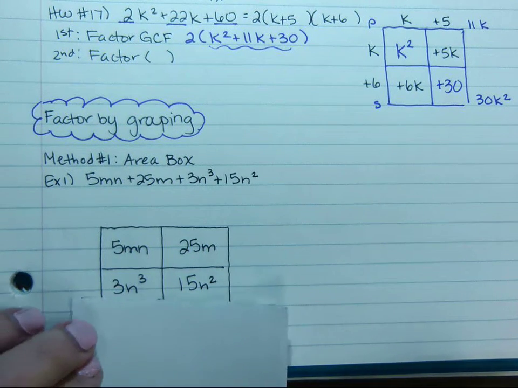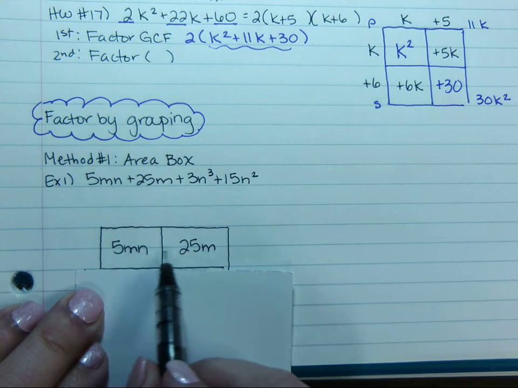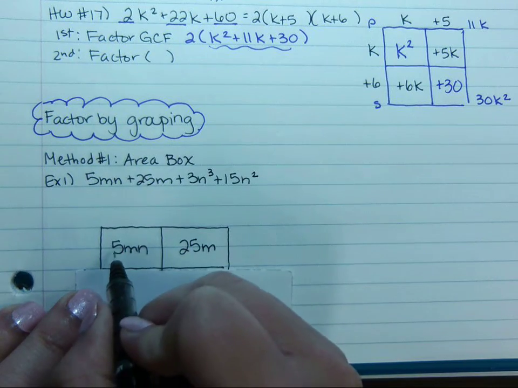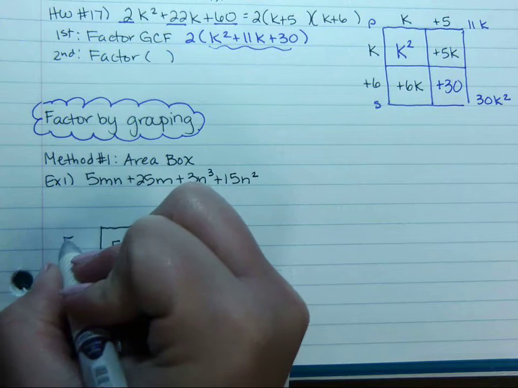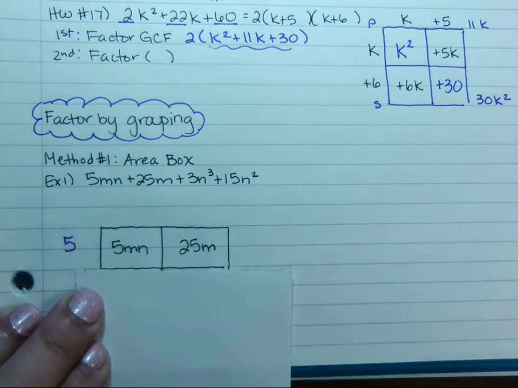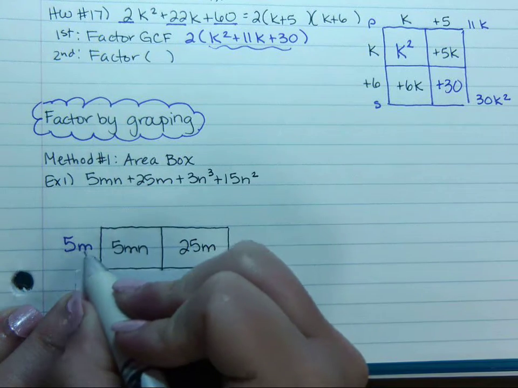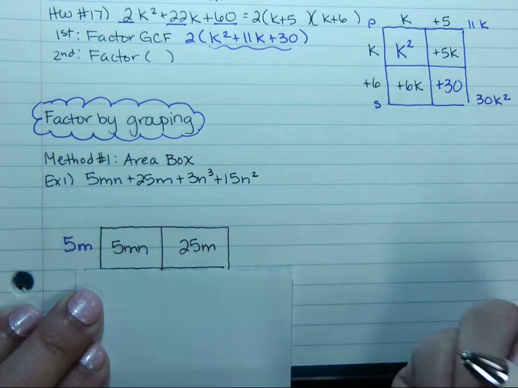So I'm going to just cover up these 2. And I'm going to look at what numbers these have in common and also what variables. Between the 5 and the 25, they both have a 5 in common, and they have an m. If I take out the 5m, I put on the top parts of the boxes what factors are left.